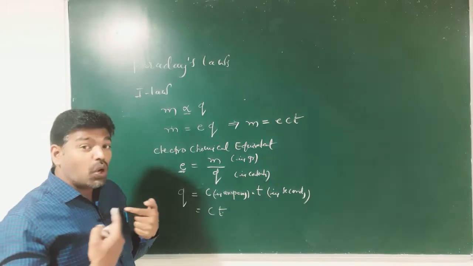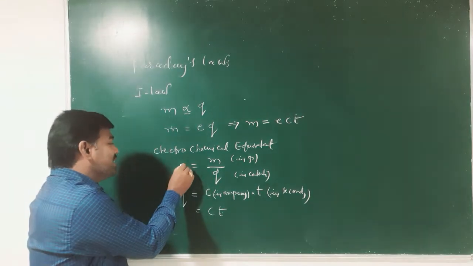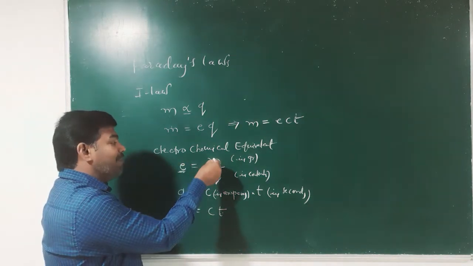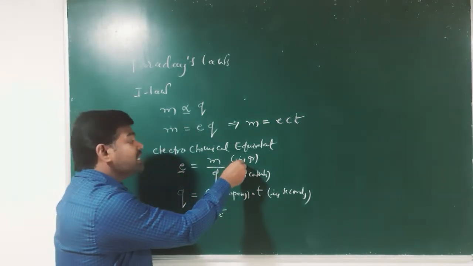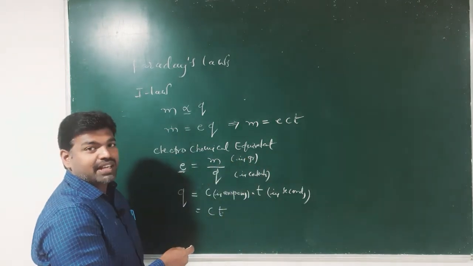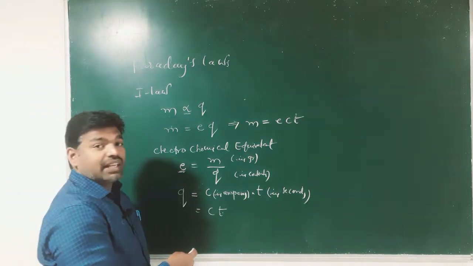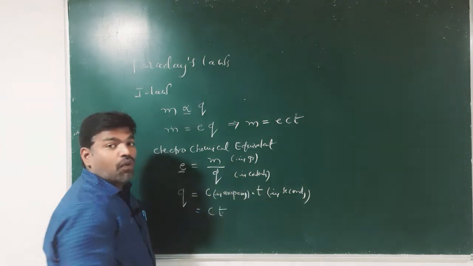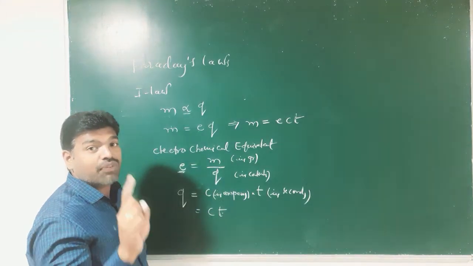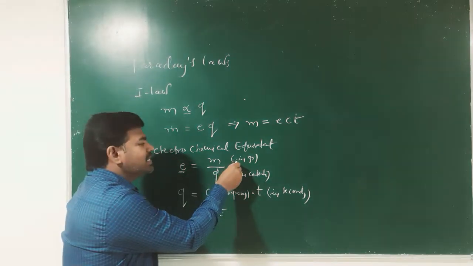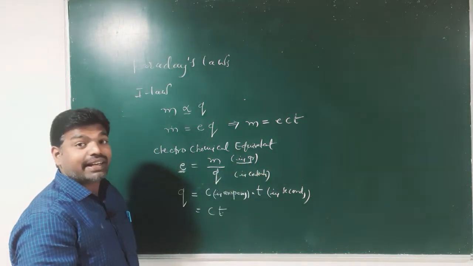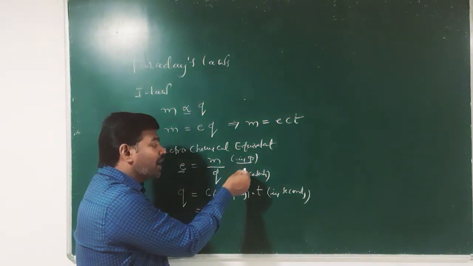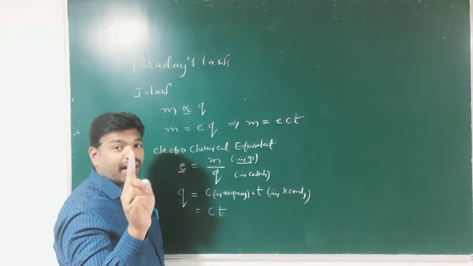But we know that E is the ratio of m to q, that is, mass in grams of chemical substance deposited for the passage of 1 coulomb of electricity.